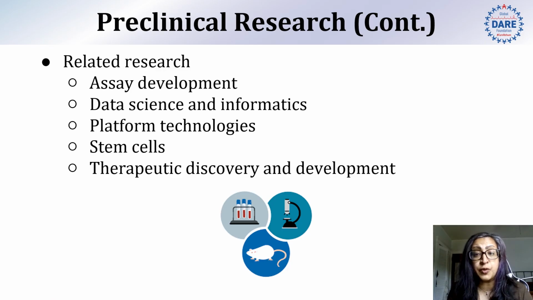Platform technologies provide tools that can be adapted for multiple therapies, and stem cell research offers models to better study disease processes. Taken together, all of these areas support therapeutic discovery and help identify promising treatments before they move into human testing.